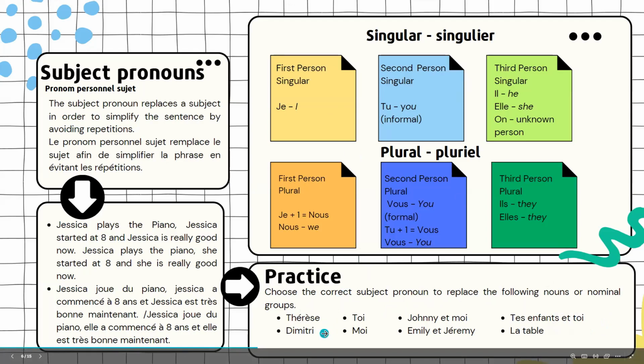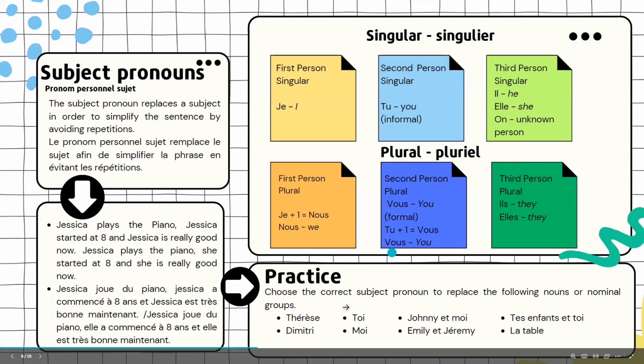Thérèse, Dimitri, toi, moi, Johnny et moi, Émilie et Jérémy, tes enfants et toi, la table. You can pause here. I'm going to give you the answer immediately.